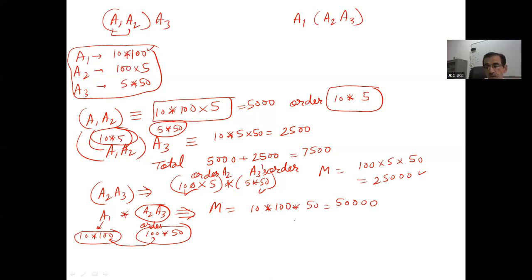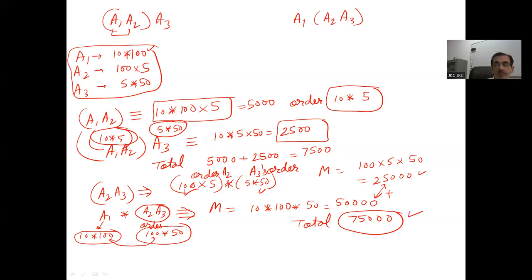So total comes out to be 75,000. One side I am having 7,500, other side 75,000. So obviously I can say that doing A1, A2 first, then A3 was better.